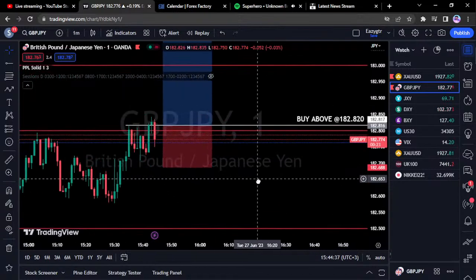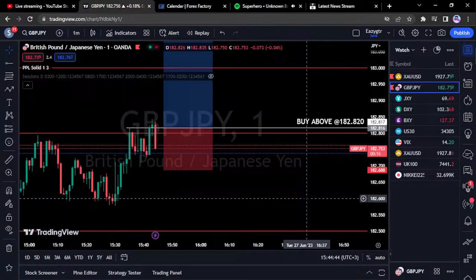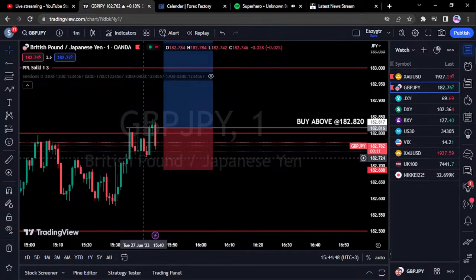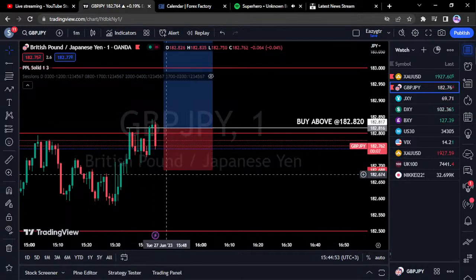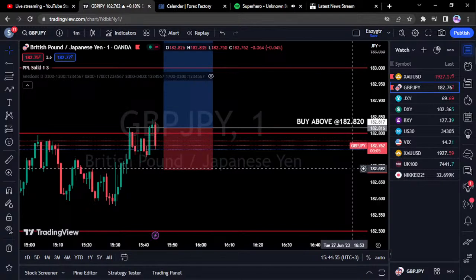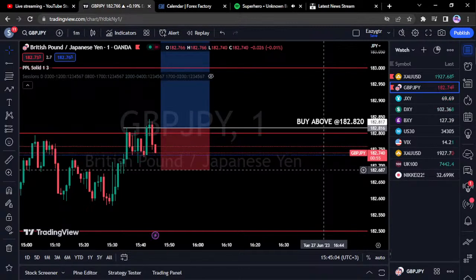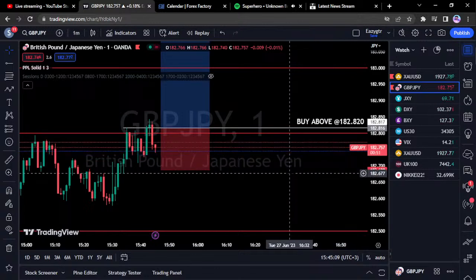So let's just watch price action right now. So if price starts closing below 182.700, you could look to manage your position, but till then, you can close half your position.